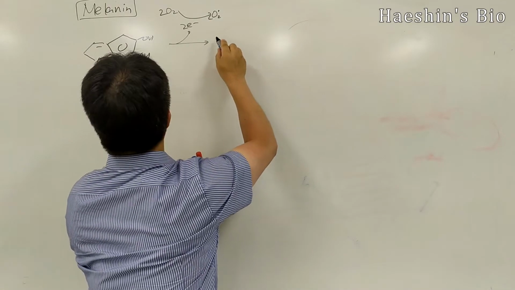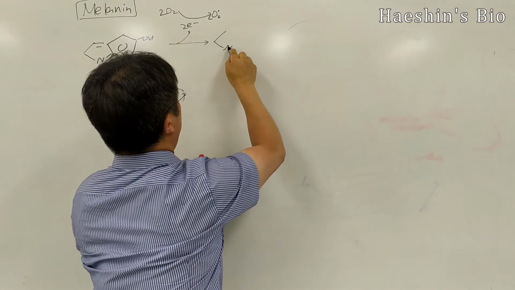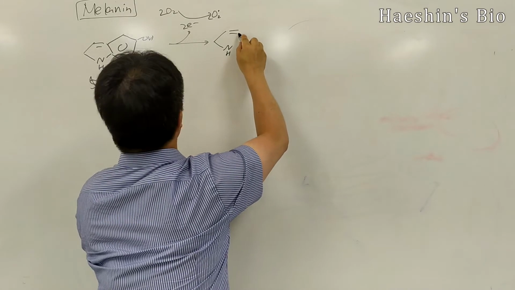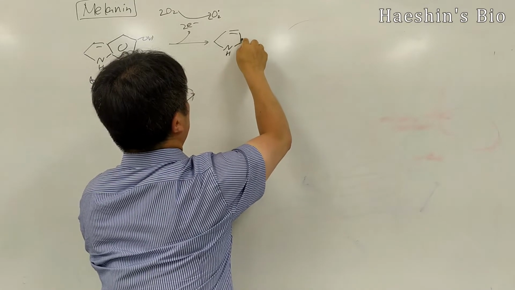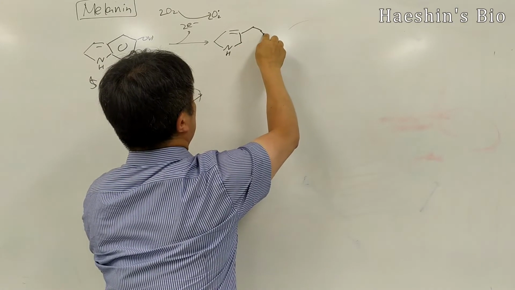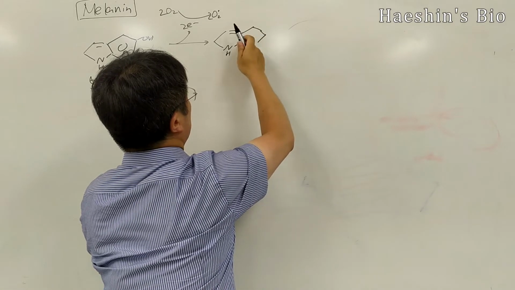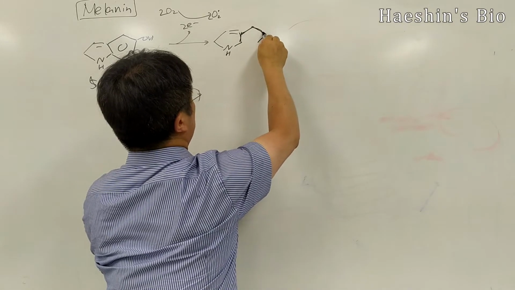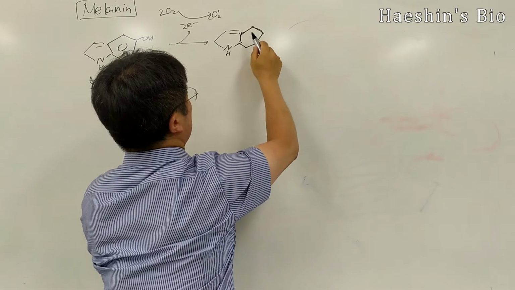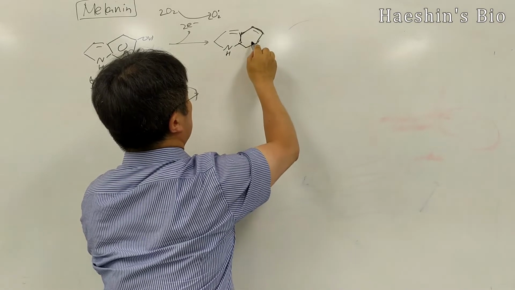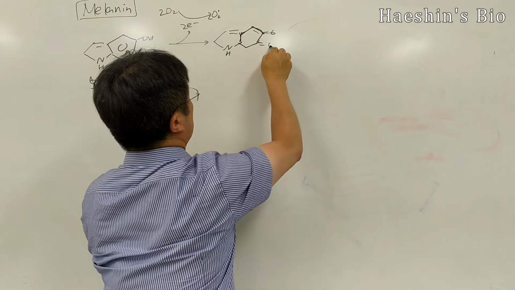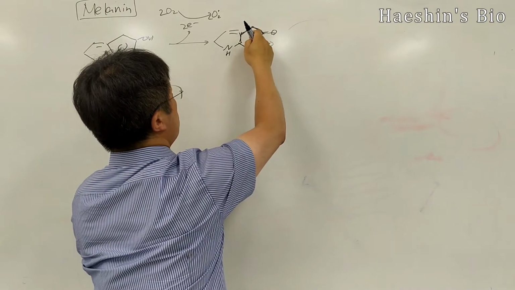So then now we have 1, 2, 3, 4, 5, 6. Okay, so then now we have quinone again.